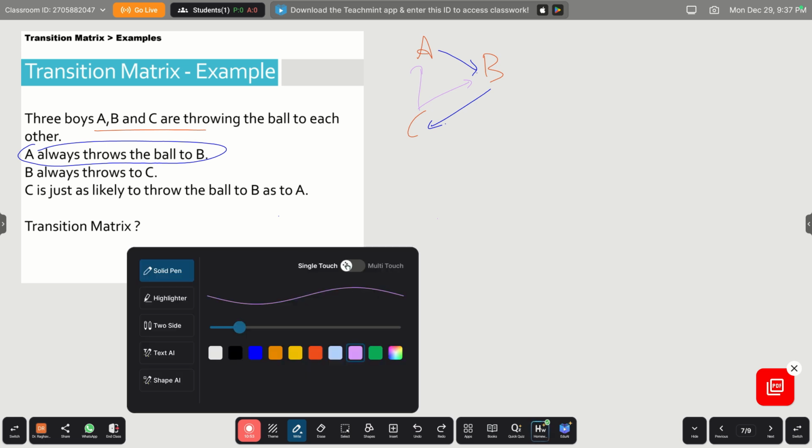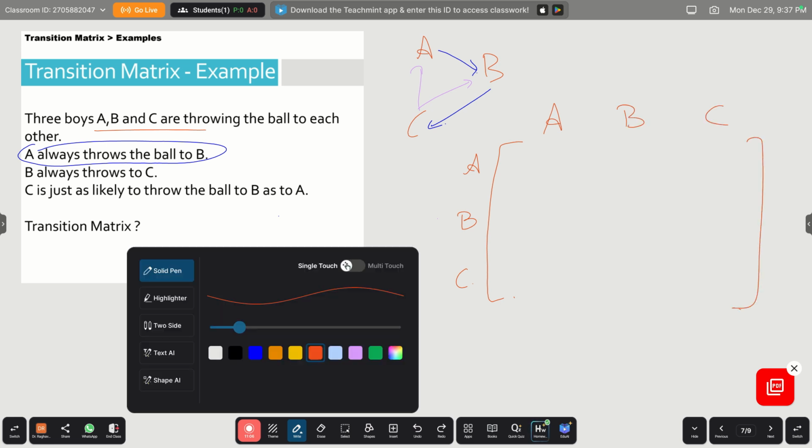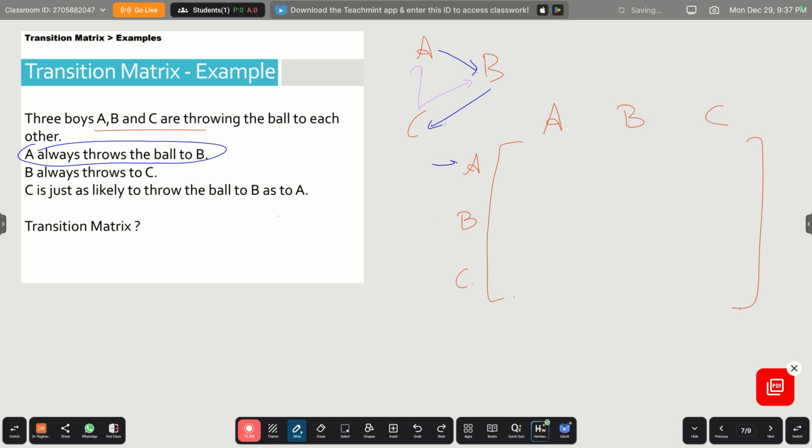So here I have three states. One is A, other is B, and third is C. So suppose now at present A has the ball with him. What is the probability that A will have the ball after one step? Definitely he will not have it, because he will throw to someone else.